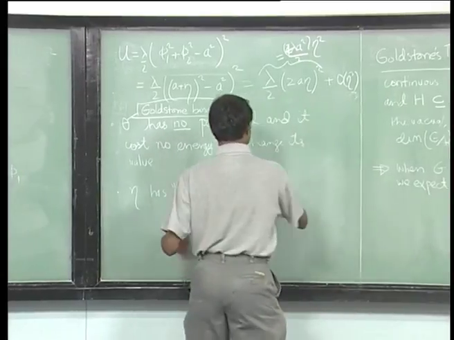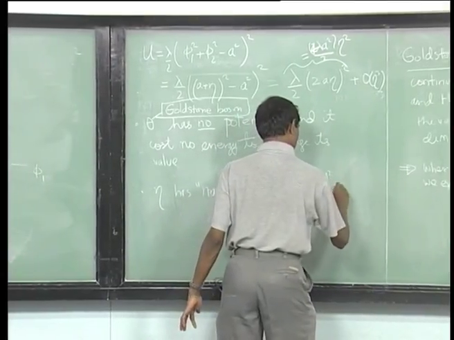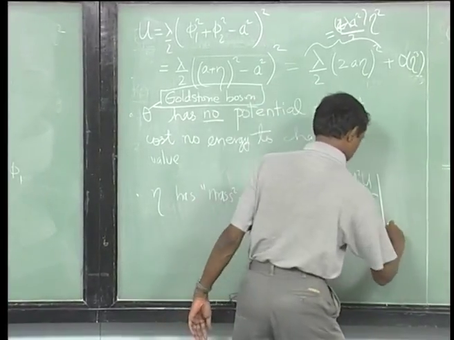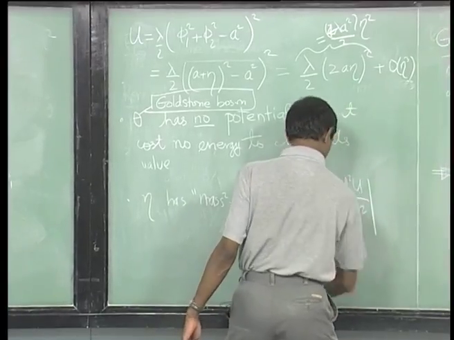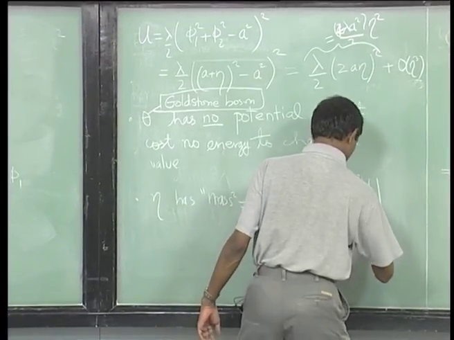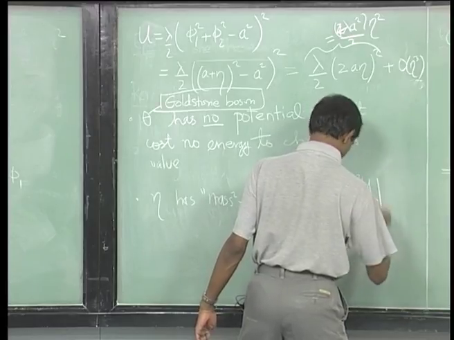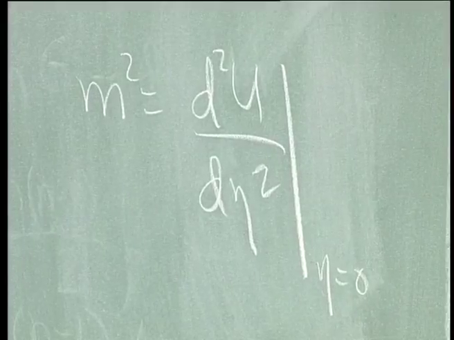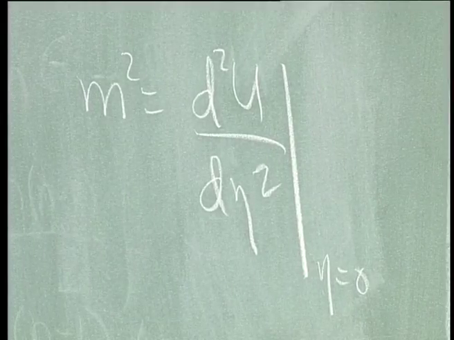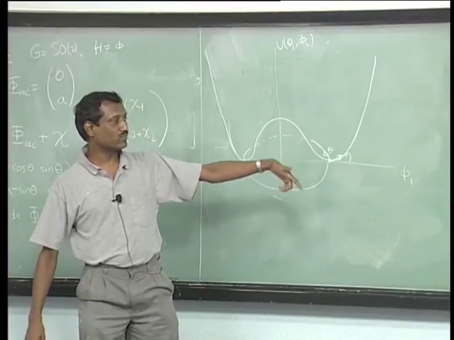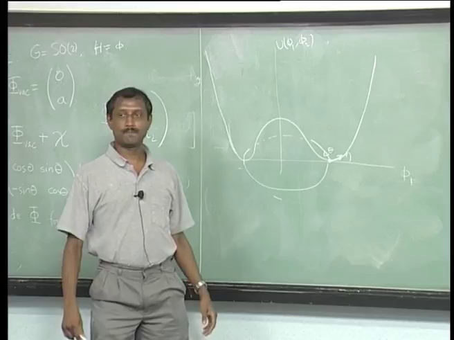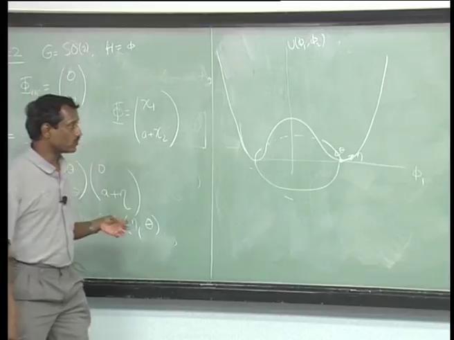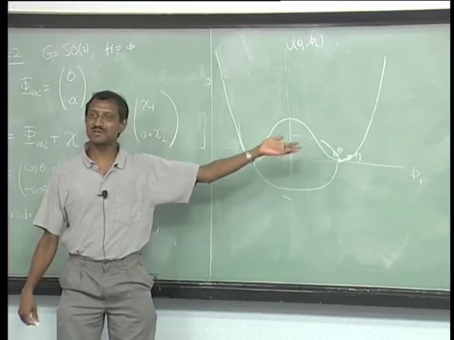So, the mass squared can be written as d squared U by d eta squared at eta equal to 0, or I can rewrite it in terms of the original radial variable, calling phi 1 squared plus phi 2 squared as r squared, d squared U by d r squared at r squared equal to a squared.